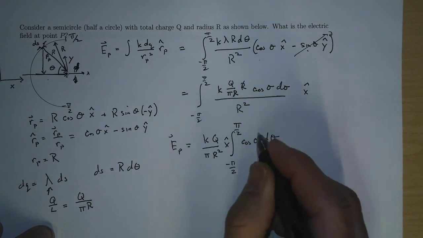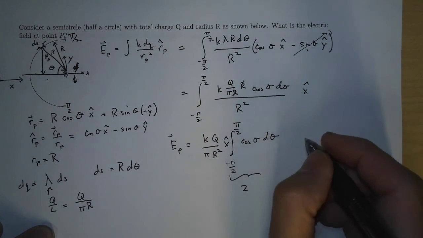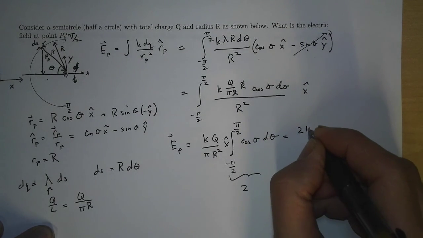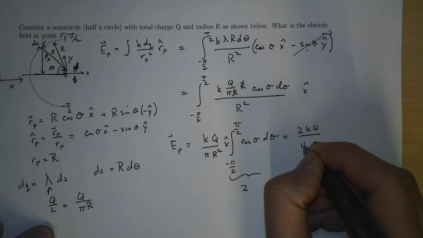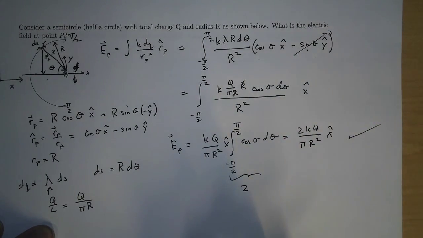And of course you do this integral, which is simply 2. So you're done: 2kq over pi R squared x hat. All right, hope that was helpful.